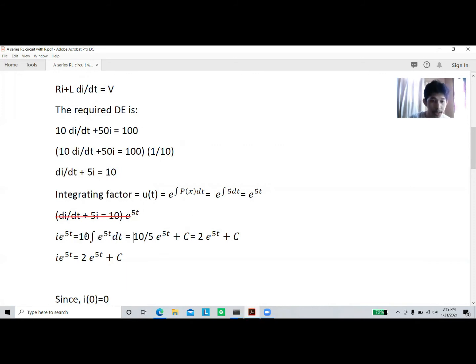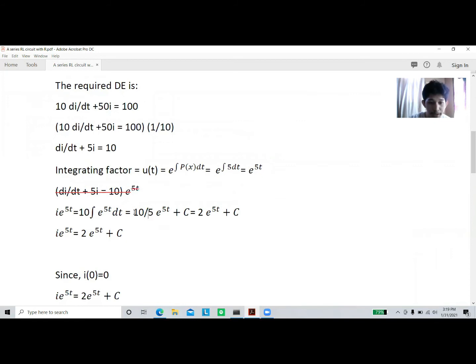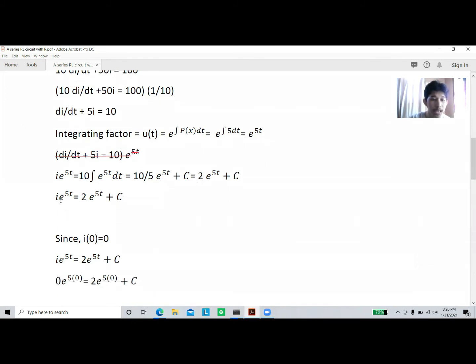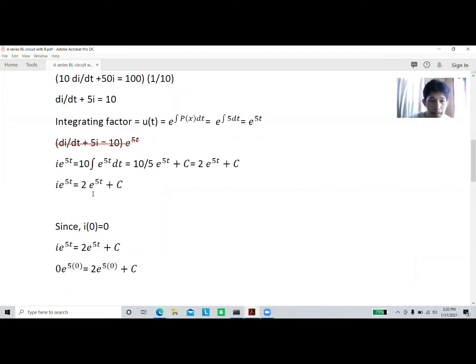If you integrate this, it will become 10 over 5 e raised to 5t plus c. Simplify: 10 divided by 5 is equal to 2. So now I times e raised to 5t is equal to 2 times e raised to 5t plus c.